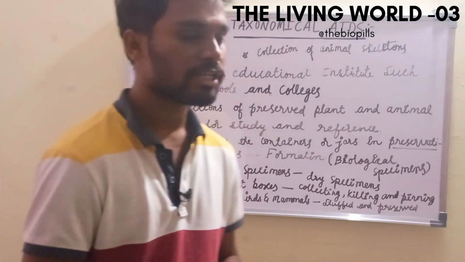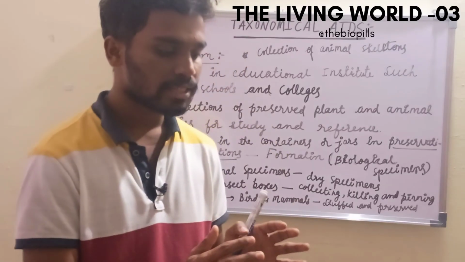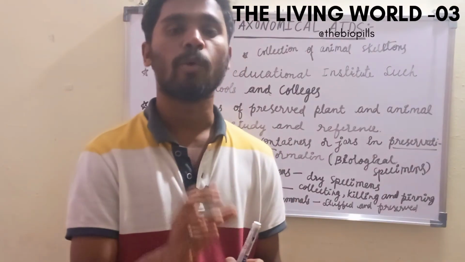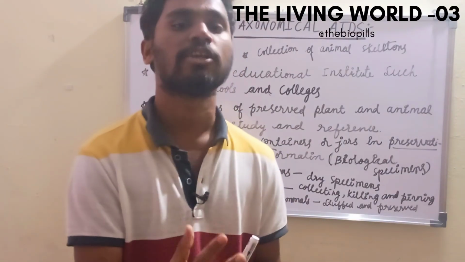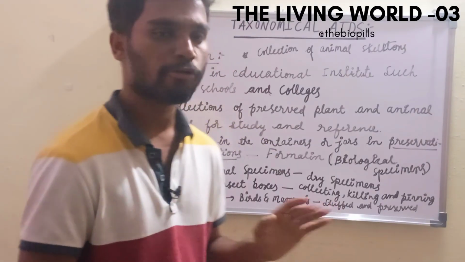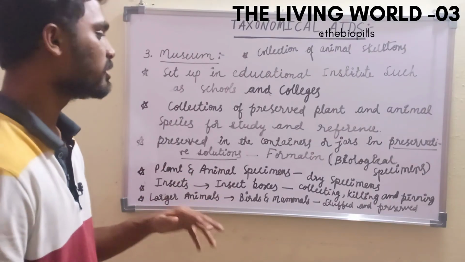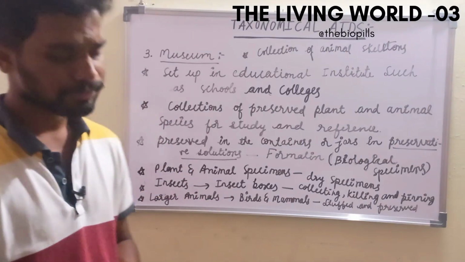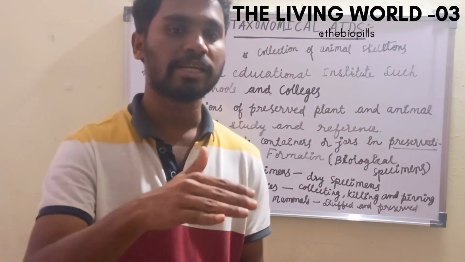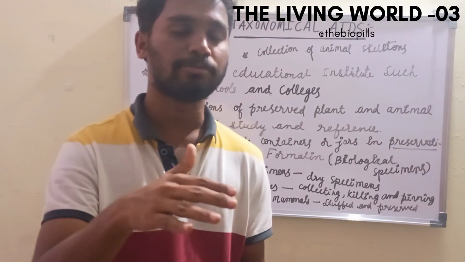Here study and reference means characterization and identification of what kind of taxonomic hierarchy that particular species follows. This is the whole point. Then they are preserved in containers or jars in preservative solutions. That means, as I told before, they are preserved in containers or jars in a preservative solution called formalin.